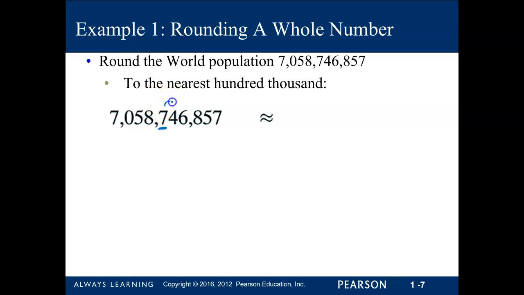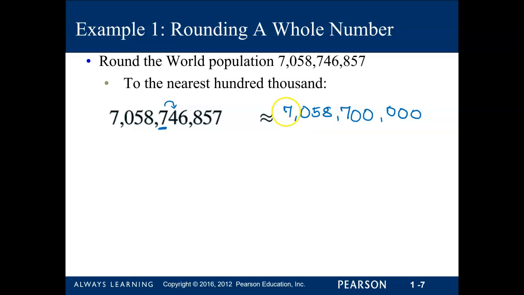We will refer to the digit to its right, which is a 4. Is it greater than or less than 5? 4 is less than 5. So 7 is going to stay as it is. Because this digit is not 5 or greater, the actual digit that we're looking at here will remain. So we copy the rest on its left, so it's 7,058. So 7 stays as it is, and then everything else after it becomes a 0.